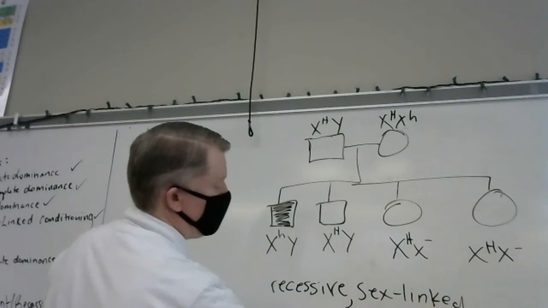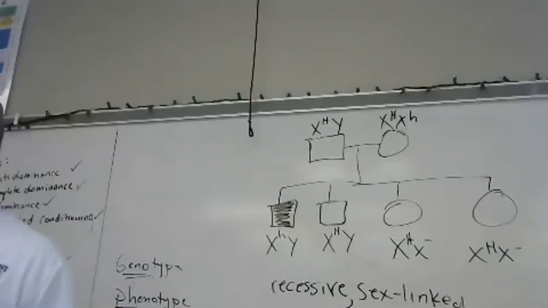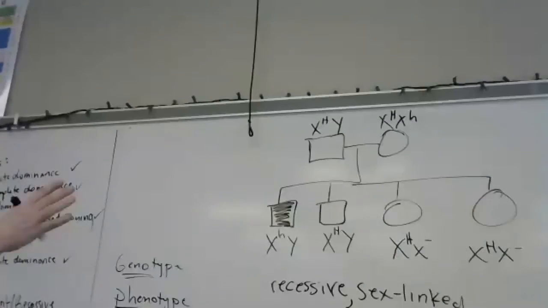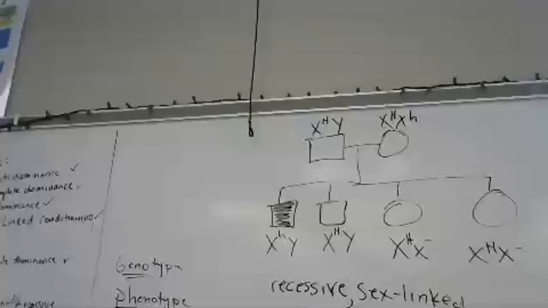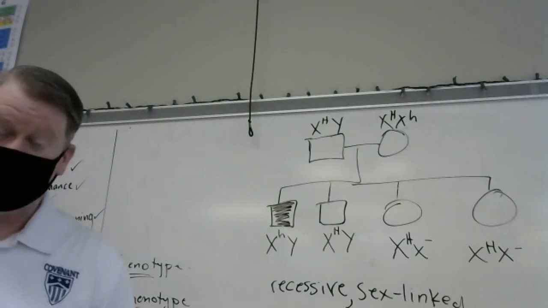That would be the mode of inheritance, recessive sex-linked. The first one we did would be recessive what? Recessive autosomal. Does that make sense? But this one, as I've changed it, would be recessive sex-linked. Does that make sense?